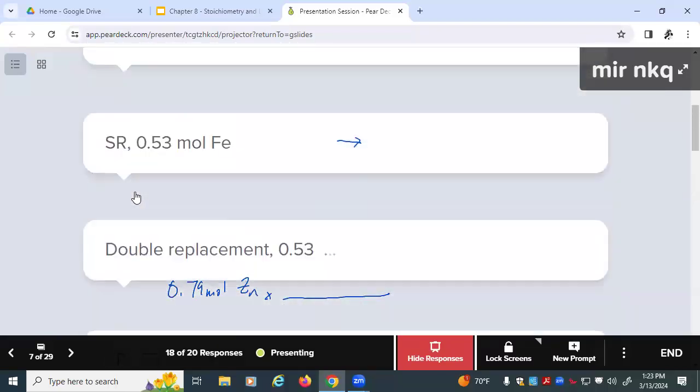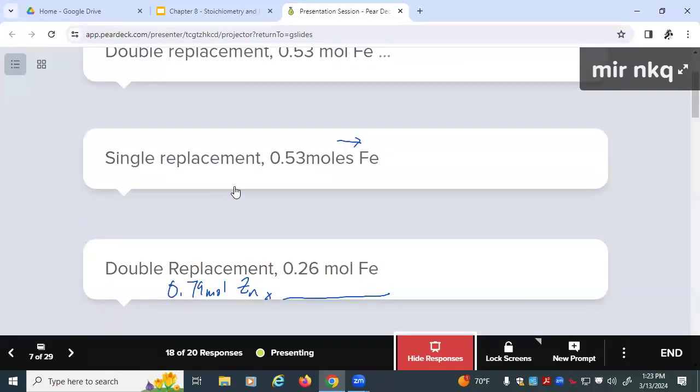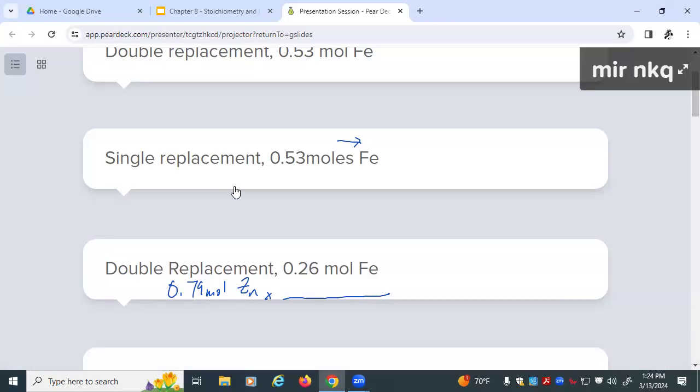Okay, so we're seeing some good things here. All of you that have responded have recognized at the very least that this is a replacement reaction. And you're correct, it is a replacement reaction. But it's not a double replacement reaction. How do you know the difference?